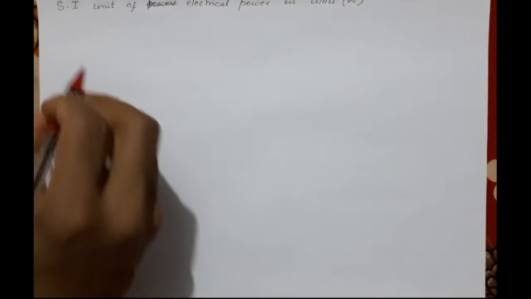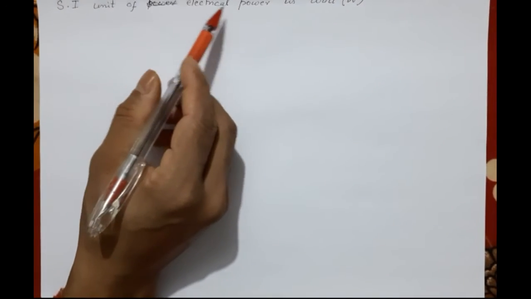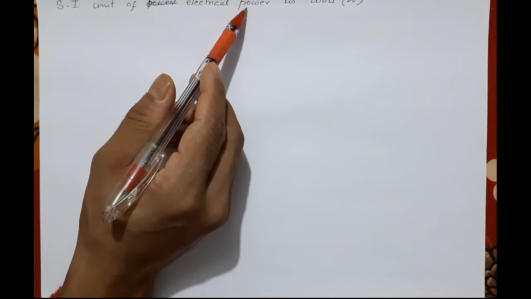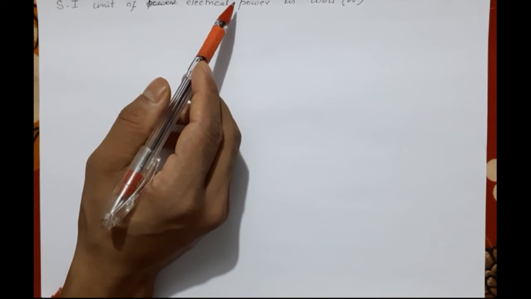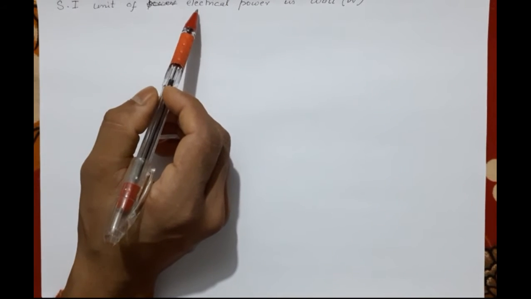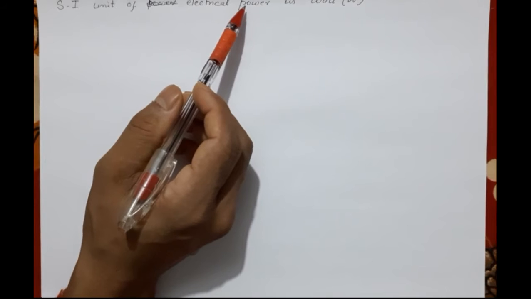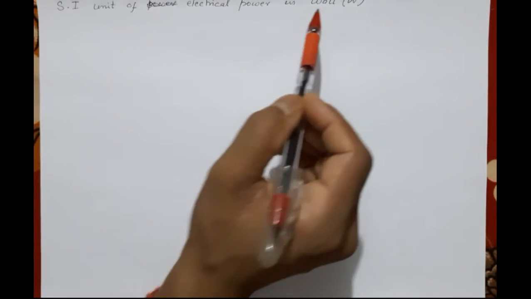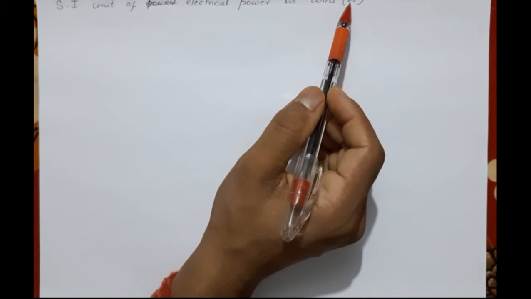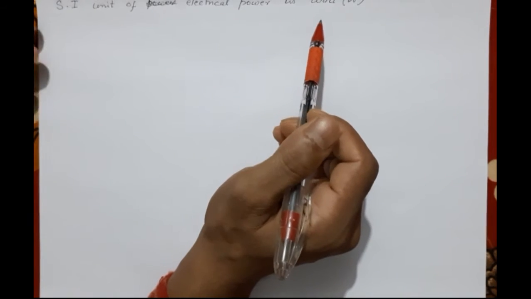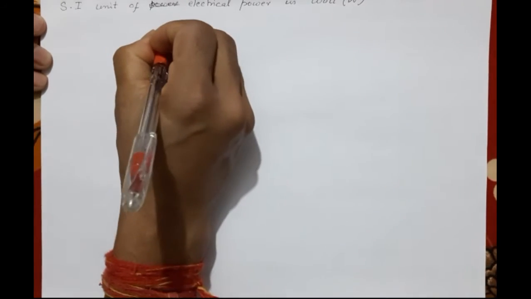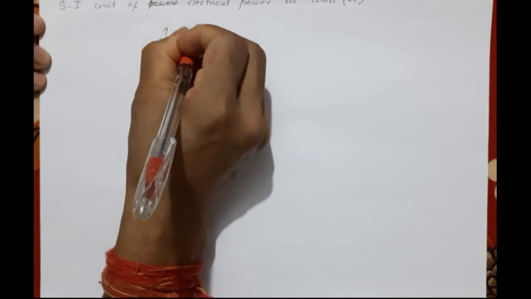Further, the SI unit of electrical power, not just power, because power is defined in other physical things also. Here specifically we are studying electrical power, but its unit is the same, watt. W is the symbol for that. How much is 1 watt? You can understand 1 watt from the formula.